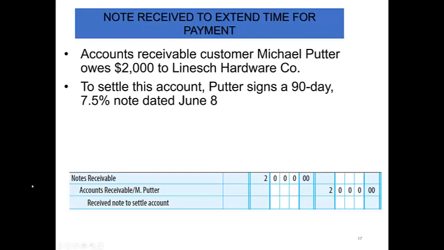So we have accepted a notes receivable from Putter for $2,000, and we're going to remove the accounts receivable of $2,000 because the notes receivable has replaced the accounts receivable. So instead of, unfortunately, getting cash, we're getting a notes receivable.